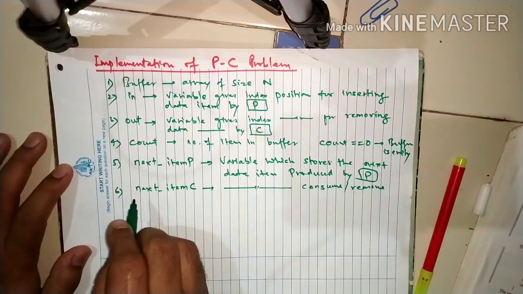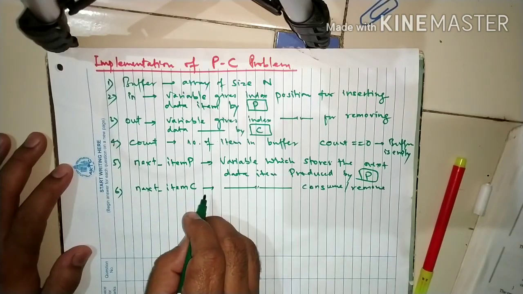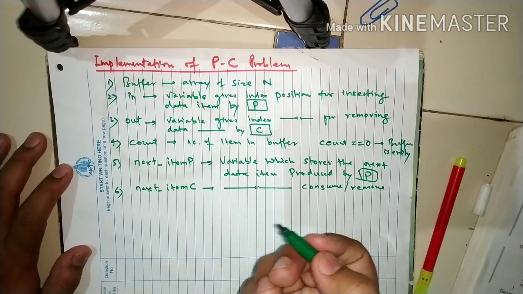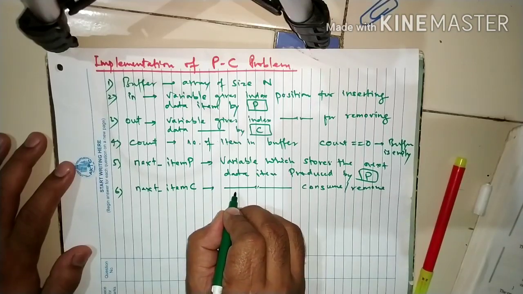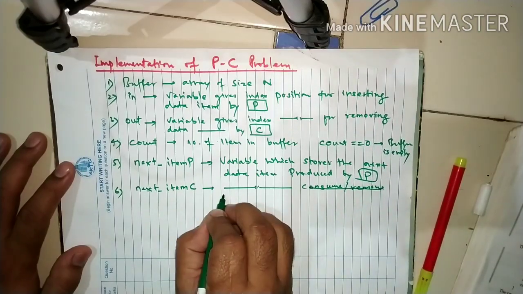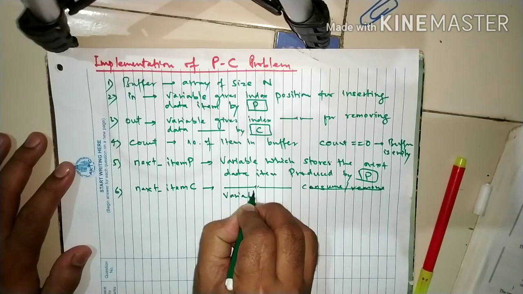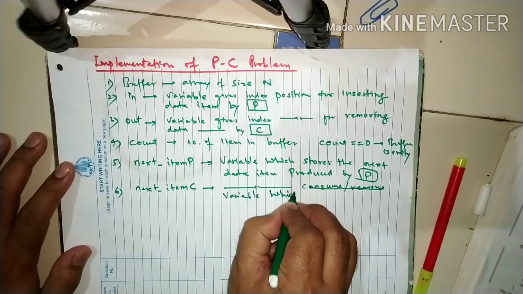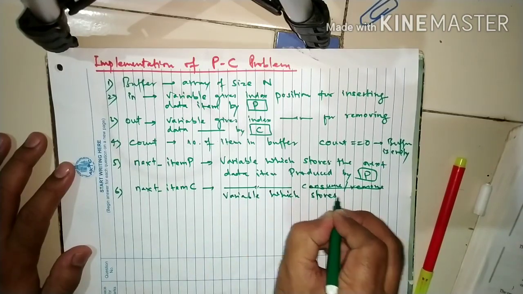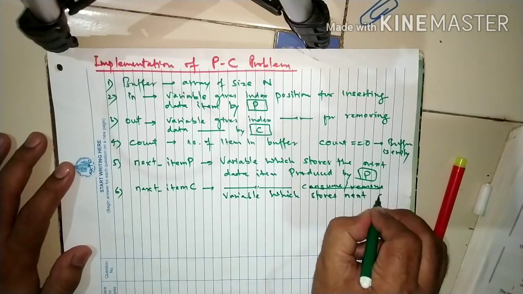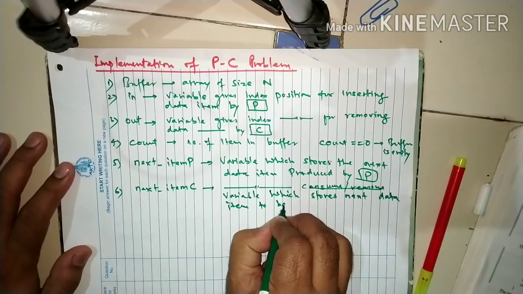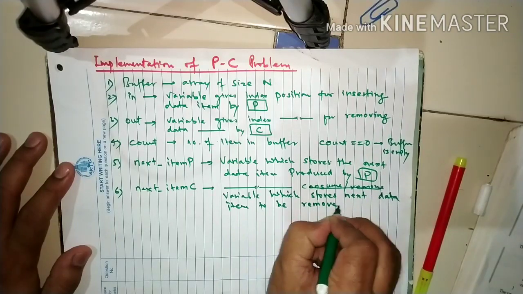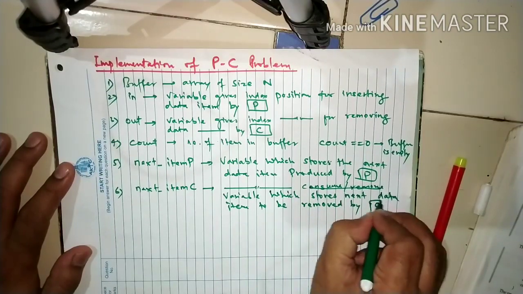And next item c is the variable which stores the next data item to be removed by the consumer.